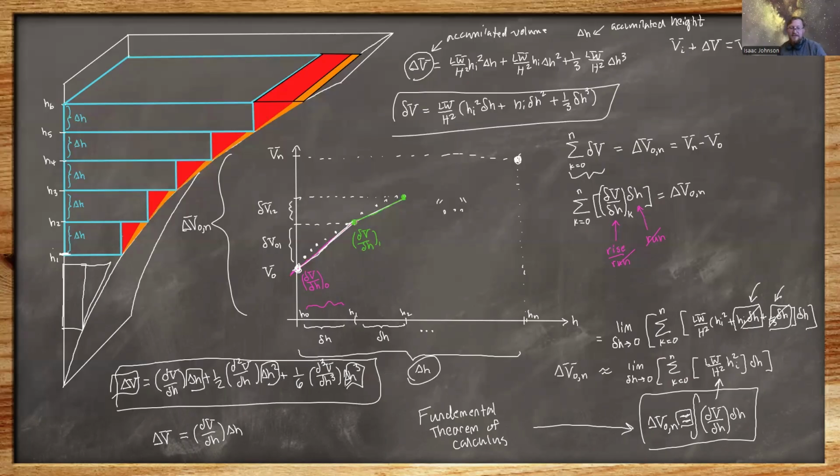So you've got two methods of finding the same thing. You just want to find the total accumulation of volume. And you can do it through using linearizations many, many, many times. Or you can do it through finding first, second, third derivative information and multiplying it in this fashion.